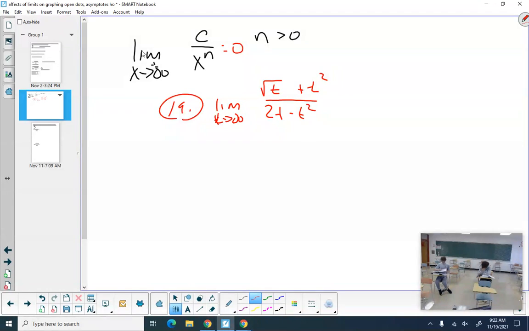Well, if we take a look at this, what you start looking at is the square root of t in there. How can you change the square root of t to an exponent? What's square root of t as an exponent? T to the 1/2 power.